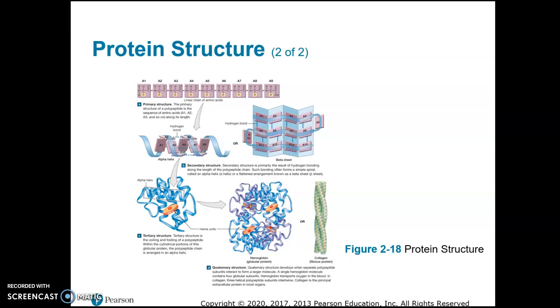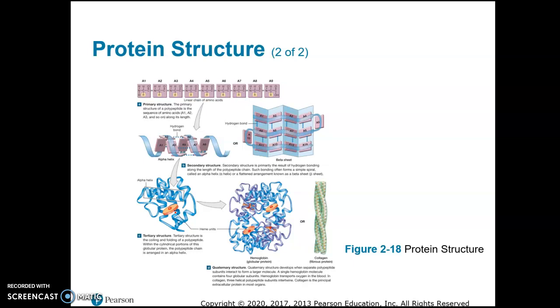And this is the image I want to give you so that you can kind of relate. So if you've ever seen a phone cord, I hope you have. I know a lot of our phones don't have cords, but there are still some that do. So the cord itself is shaped like an alpha helix. But if you took that cord and you tied it into knots and you folded it and you formed it into a really complicated shape, that would be analogous to the tertiary structure of a protein.